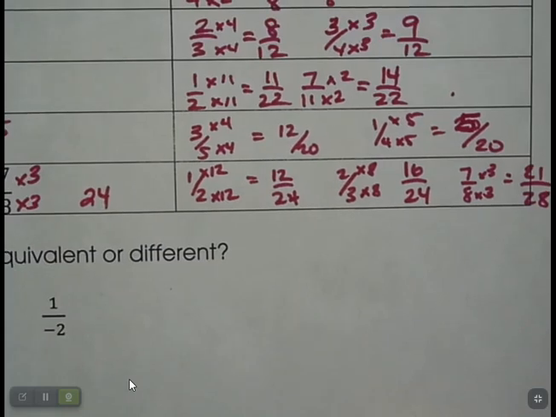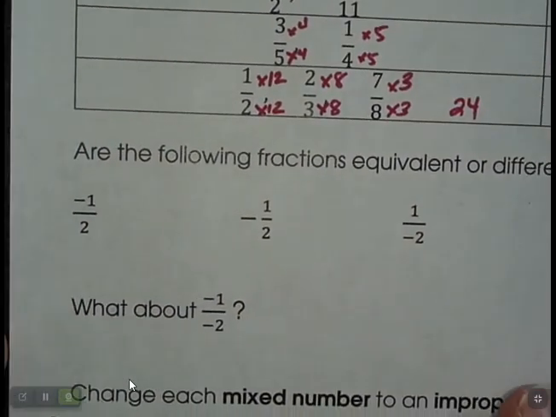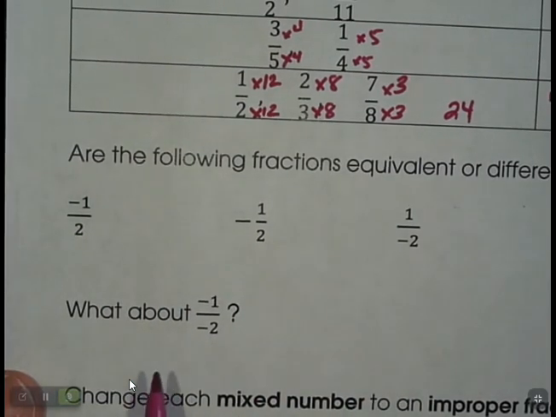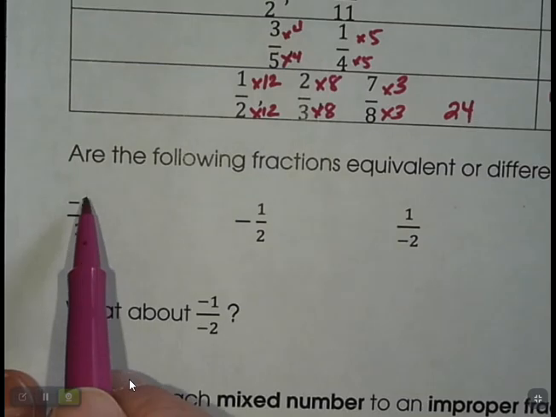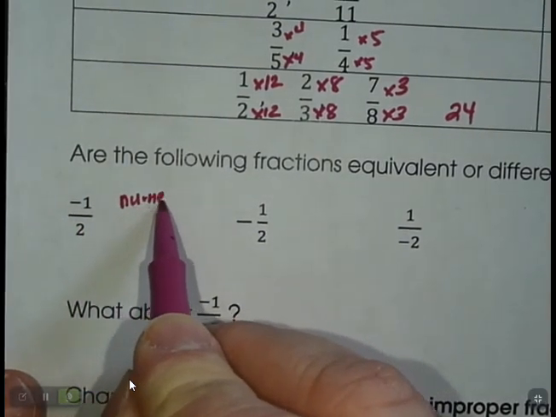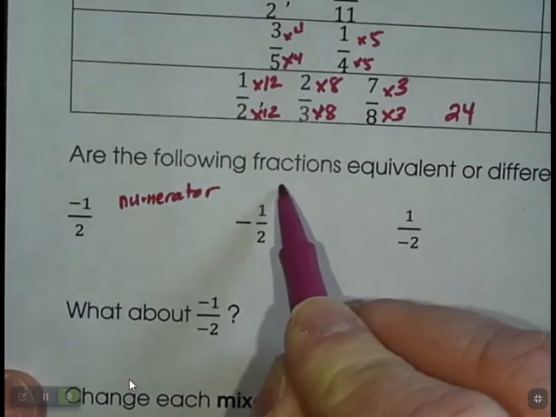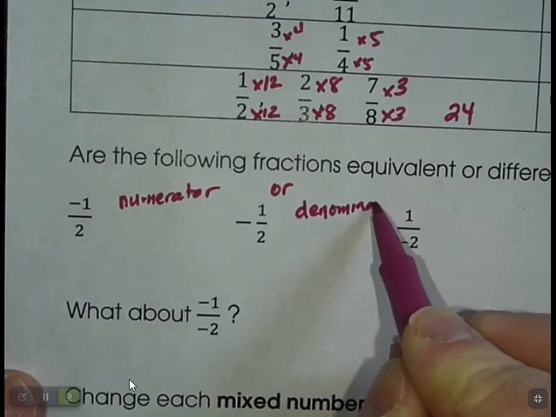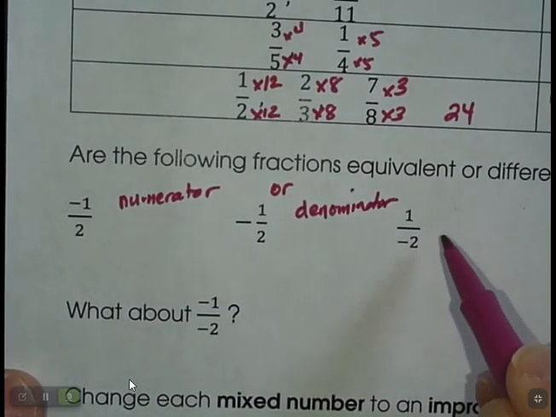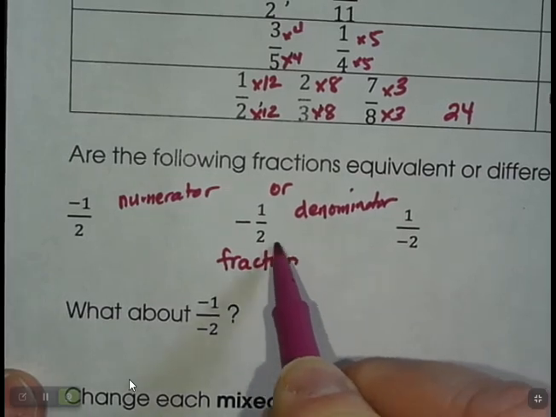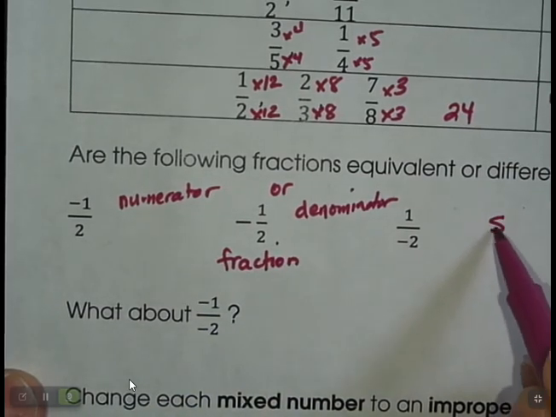Okay? The next thing we're going to talk about are these 3 equivalent fractions. And they are equivalent fractions. The idea here is if the negative is in the numerator, or it's in the denominator, or it's the whole fraction, right? These are all the same.